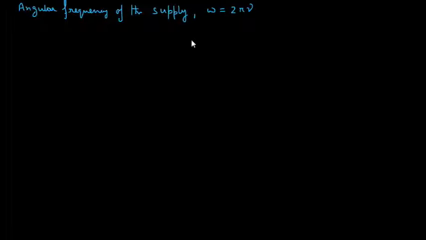So two formulas you have to remember. One is peak voltage and the other is the angular frequency. These are two small formulas. So now just write the values here. So 2 pi multiplied by 50. Put the value of nu here. So 100 pi radian per second.